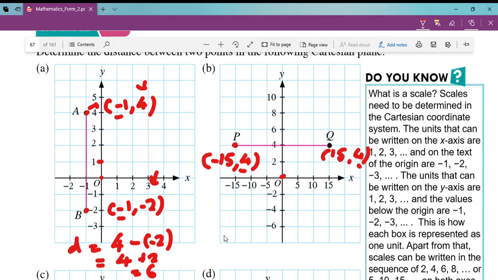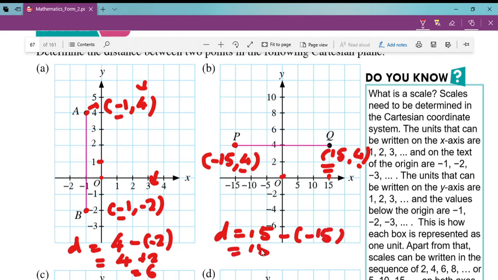So to calculate the distance for this question, even though it looks very small, the distance is very big. You see one box represents 5. So use the big value, the large value, minus the small value: 15 minus negative 15.